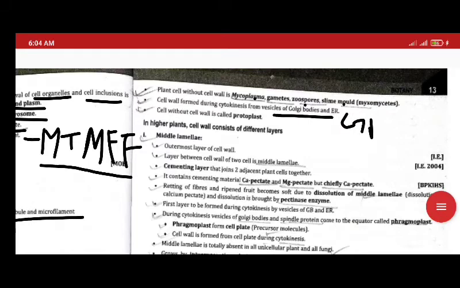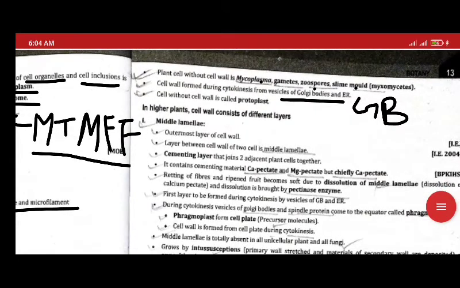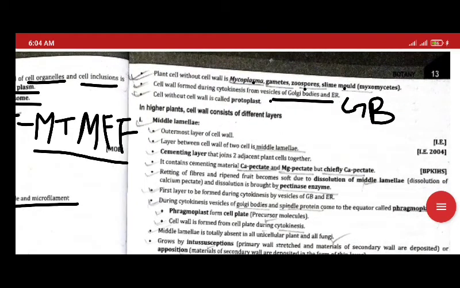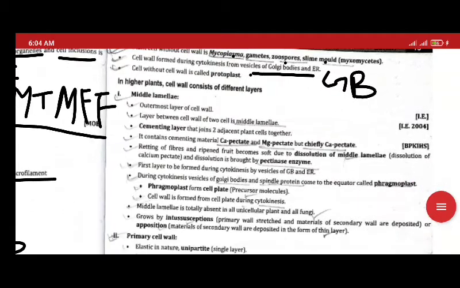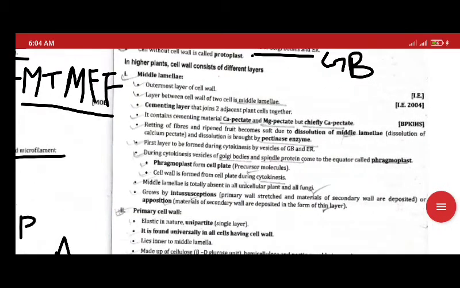Golgi body is main for forming the cell wall in the process of cytokinesis. Now a cell without cell wall is called protoplast. We have studied it in the chart. Now in higher plants, cell wall has different layers, mainly 4 types: middle lamella, primary cell wall, secondary cell wall and tertiary cell wall.